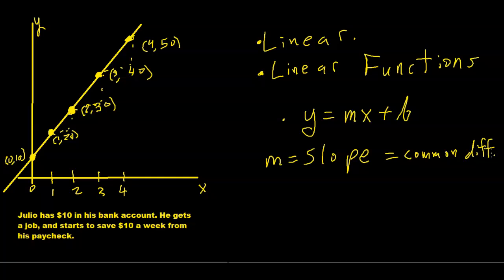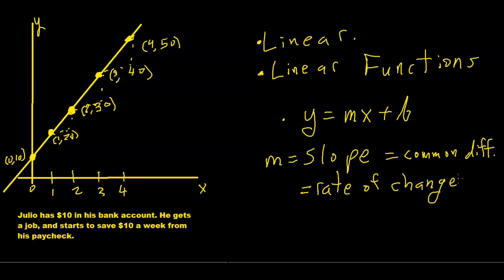In this case, it's changing by 10 to represent the $10 he's saving. So his common difference is 10. And when we model relationships like this with a line, the slope is the common difference, okay? We can also consider that the rate of change, because the common difference is the rate at which any linear relationship is changing, right?